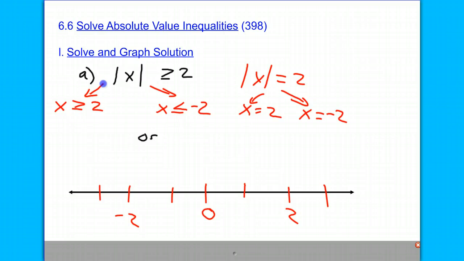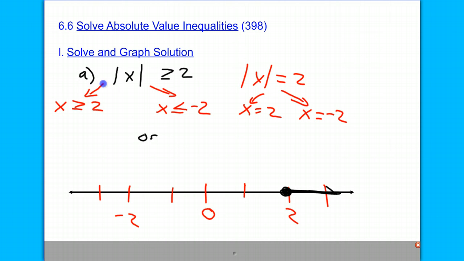What type of endpoint do I have for x is greater than or equal to 2? Is that going to be open or closed? Jimmy? Good. Closed on 2. And then which direction? X's greater than or equal to go to the right.